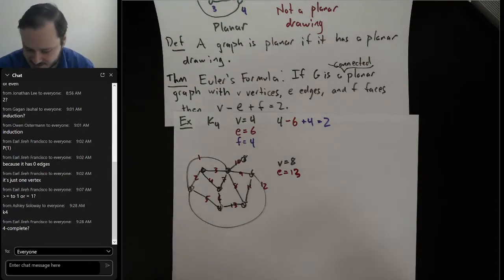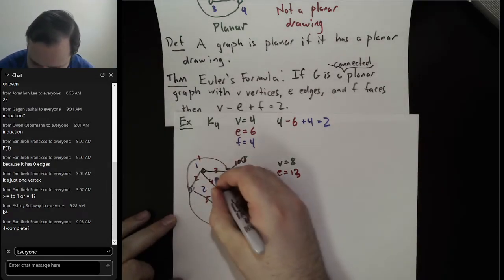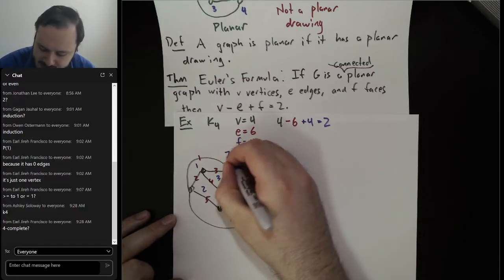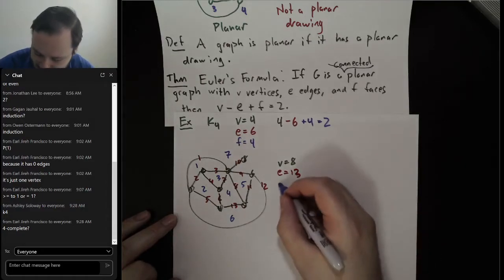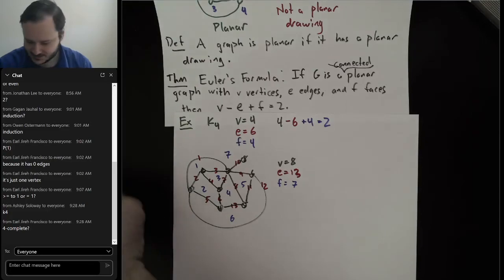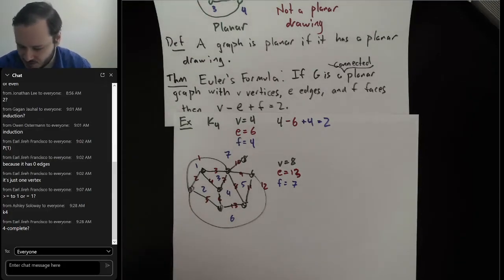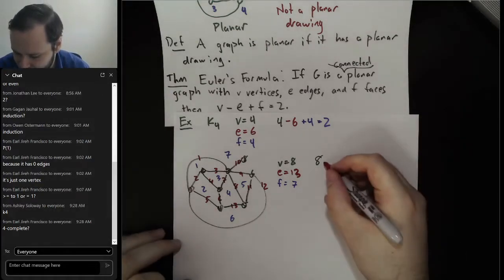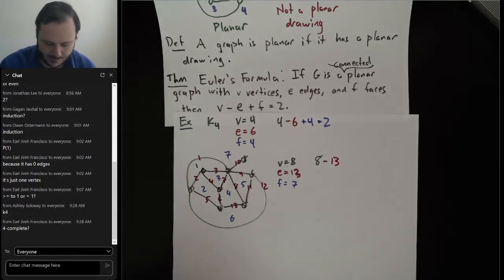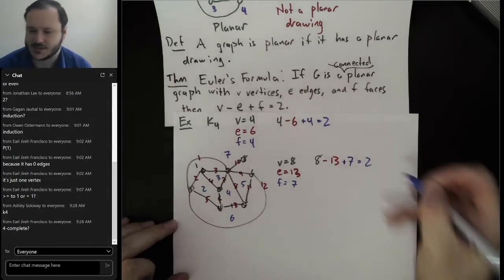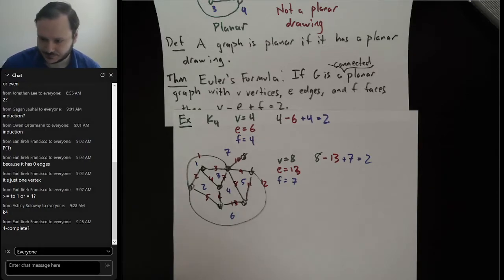And faces, I have 1, 2, 3, 4, 5, 6, plus the infinite face on the outside. And that's good that I counted my number of edges correctly, so I check 8 minus 13 plus 7 is indeed equal to 2.